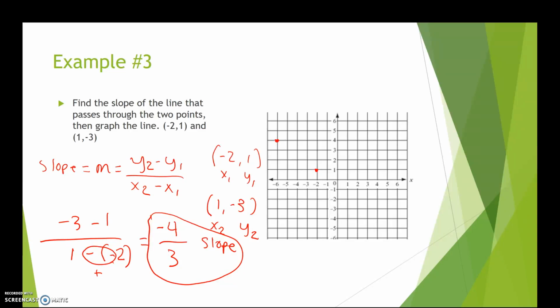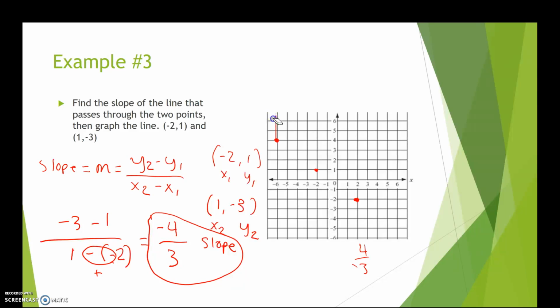Now something else I want to show you. Notice like that second point I drew, I ran out of room to go to the left 4 and up 3. From here, I can always go over 2. I can go to the right 4, 1, 2, 3, 4, and down 3, 1, 2, 3. So what I did when I graphed that, I thought of a positive 4 and a negative 3, which gave me a line that fell within this slope right here.